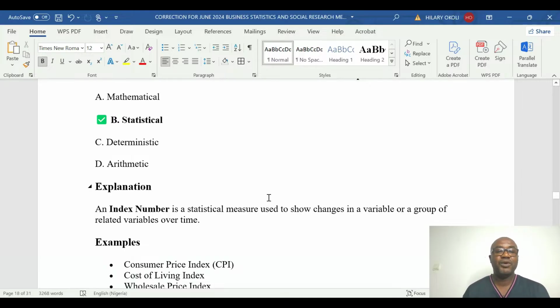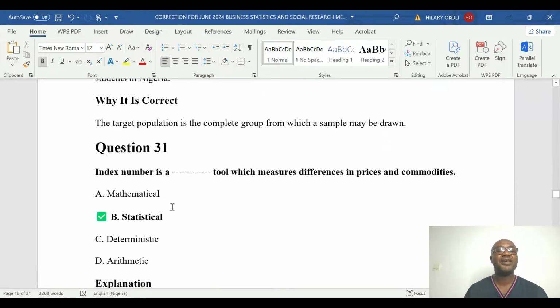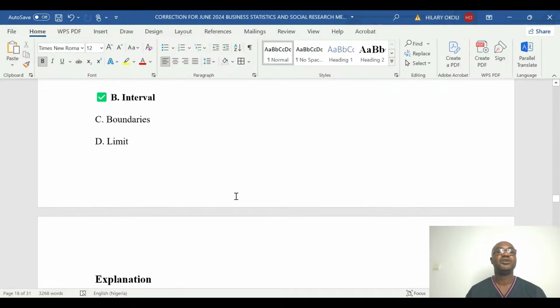So let's remember what it is. The question says index number is a dash tool which measures difference in prices and commodity.